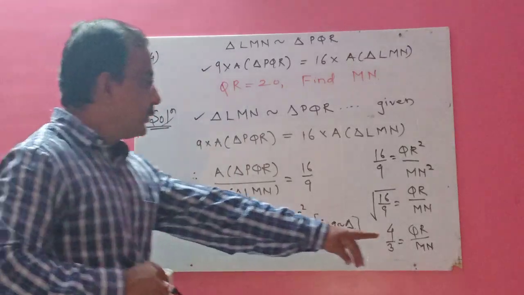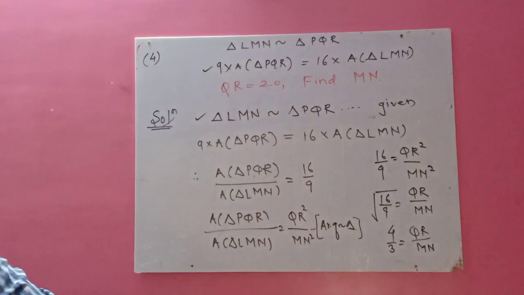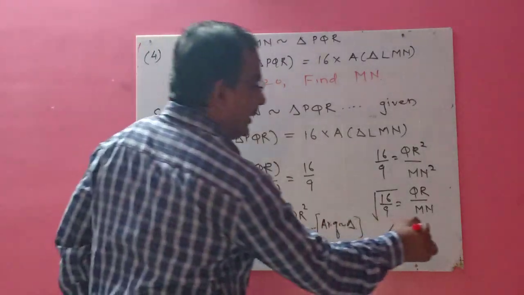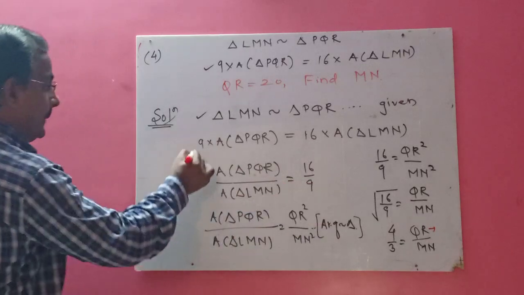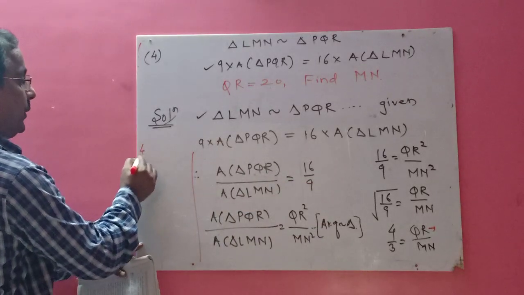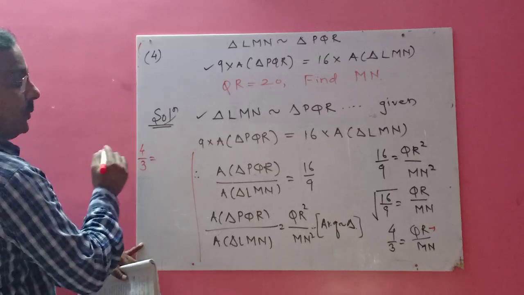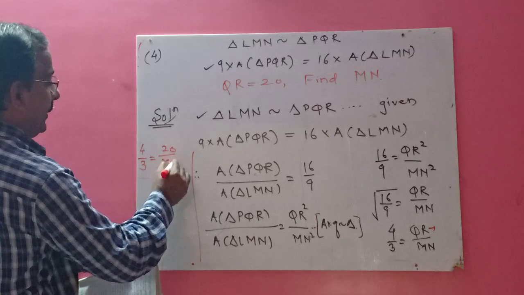We have this QR. This QR is 20. So write down here 20. Just see here, children. So 4 upon 3 is equal to 20 upon MN.